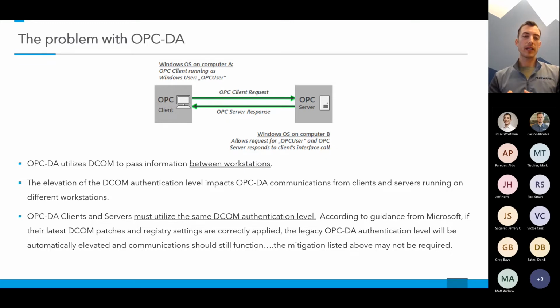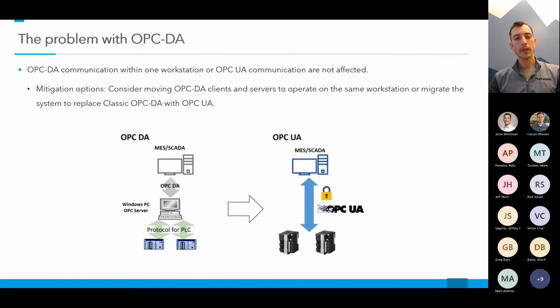Or you can bring the client and server to the same machine. That is another way to mitigate. Otherwise, Microsoft does have a DCOM configuration utility that I think has been around for a long time. Depending on the application, you might be able to use that to just raise the authentication level. But that's going to be dependent on the actual software vendor and their guidance.